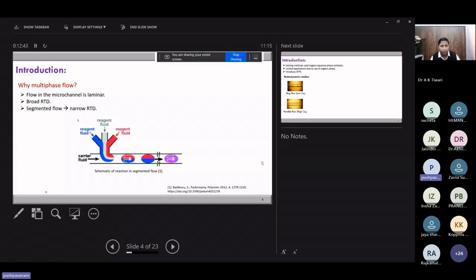The white region is maybe an organic phase, and the blue and red may be an aqueous phase where the reaction takes place. So what I'm trying to show you here is that by going from single phase to multi-phase, we can get a narrow residence time distribution and a narrow size distribution of the particles.